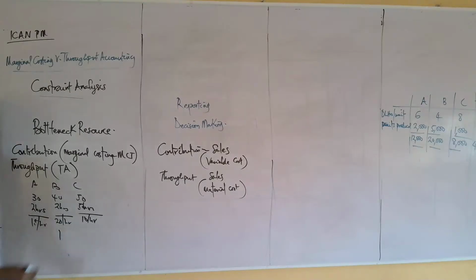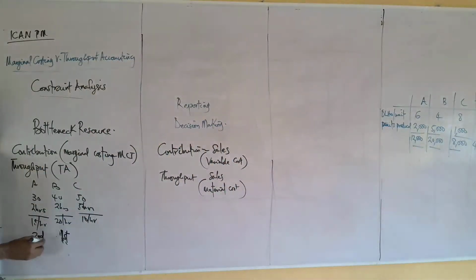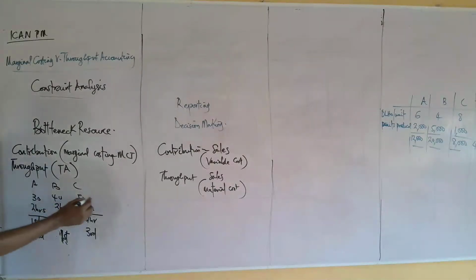Because it gives us the highest contribution per bottleneck what? Resource. So we'll rank this as 1. You're using 1, 2, 3. This is rank 1 or first. Which one is next? A, I mean? Yes. And this is what? Third. Assuming there was no bottleneck, then which product would have taken the first rank? C, I mean? Yes. But now C is taking the third what?